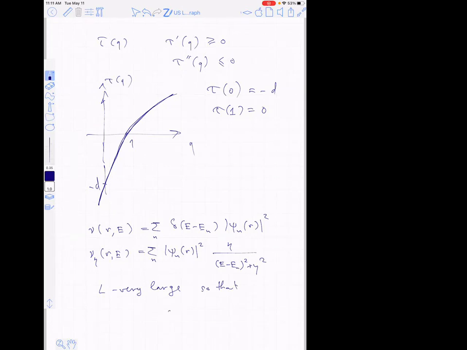So the mean level spacing delta is given by the inverse density of states at a particular energy divided by the volume. So I want this mean level spacing to be much smaller than my smearing, okay?